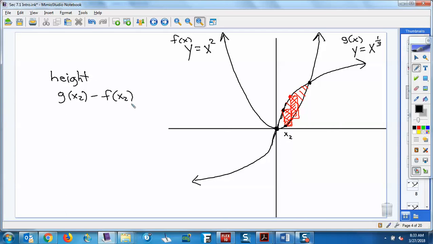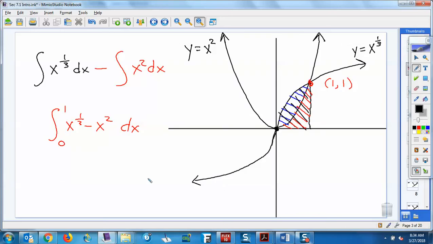So it's always going to be the top y value minus the bottom y value to get the height of the rectangle. And then the width will just be our delta x. And so the integral would be just adding those up. So it would be g of x minus f of x dx.